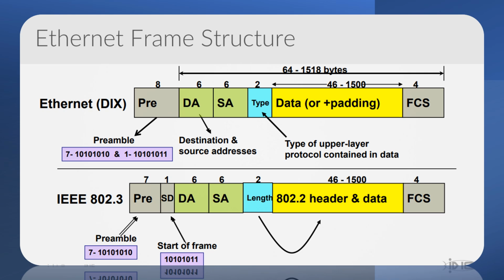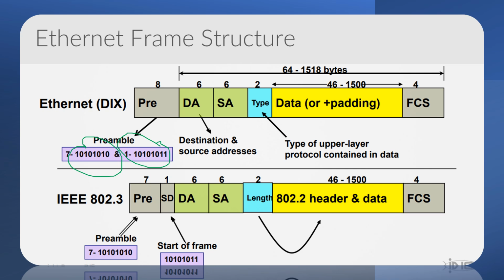Why did I say the preamble is 7 plus 1 byte? Because the 7 bytes are in the format of 10101010, and the 1 byte is in the same format but the last bits are 11, as you can see here.